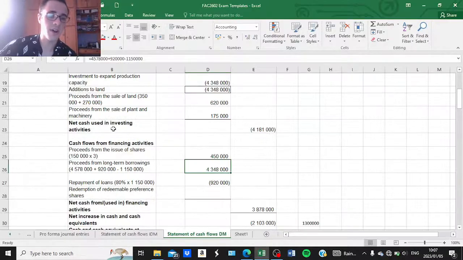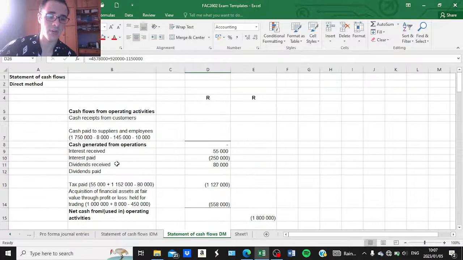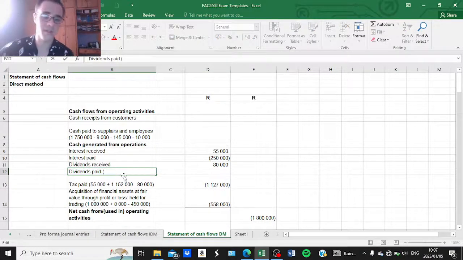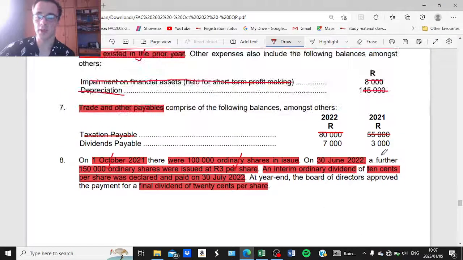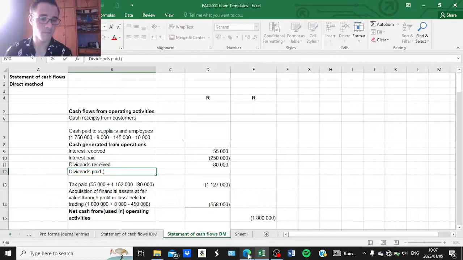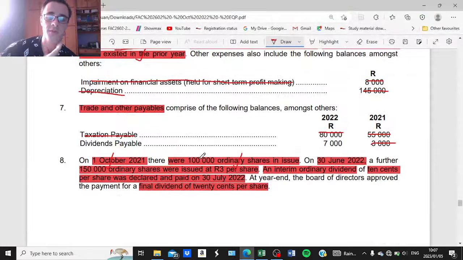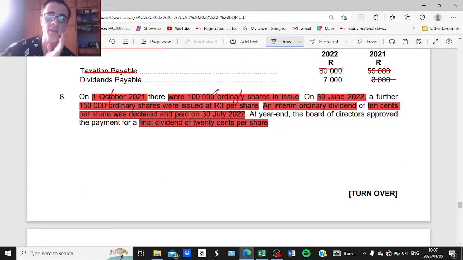So in calculating the dividends paid for the current year, we will start with the opening balance of 3,000. Then we had an interim dividend declared, which was 10 cents per share, for 250,000 ordinary shares: the 100,000 at the beginning as well as the additional 150,000.